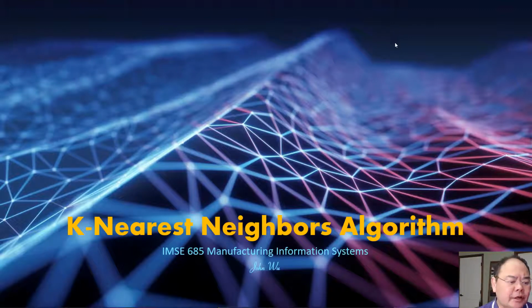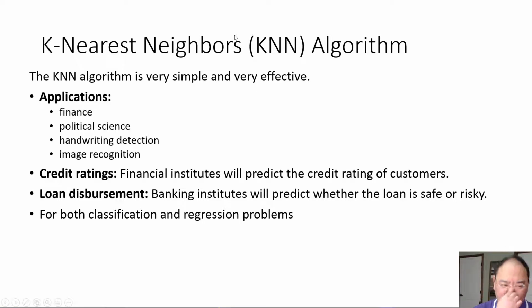Today's lecture is talking about the K-Nearest Neighbors algorithm for classification. Let's go on with the presentation. The K-Nearest Neighbors algorithm is a very simple and very effective algorithm for general classification problems.